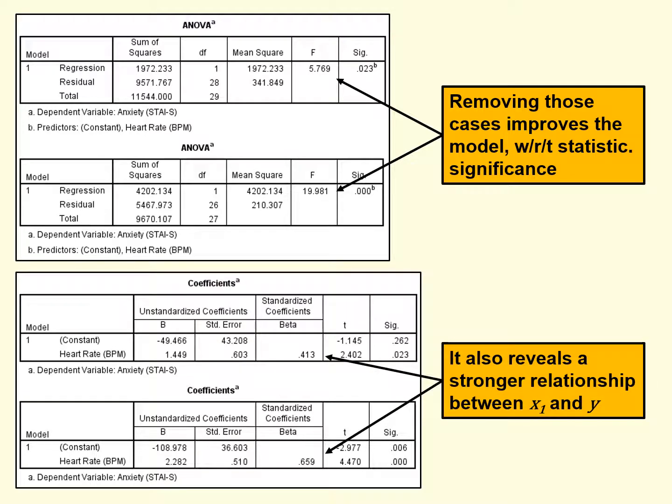You can also see it changes the slope of the line of the model. So it reveals a stronger relationship between our predictor variable and our outcome variable when we remove those two cases.